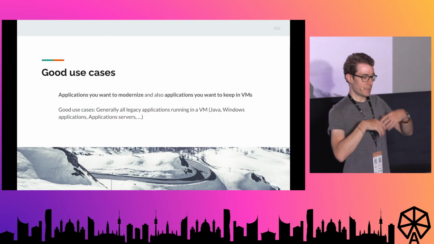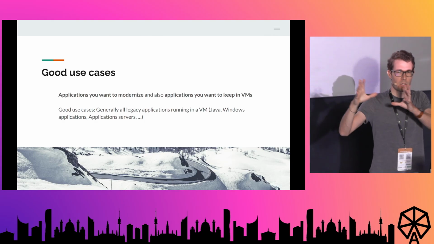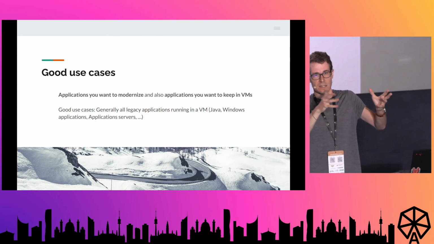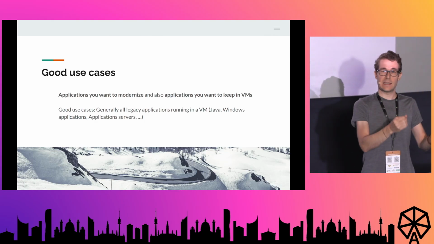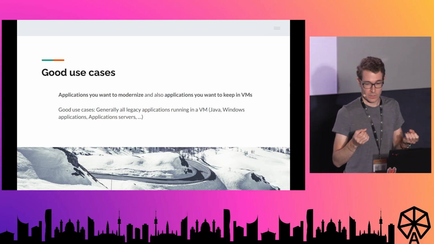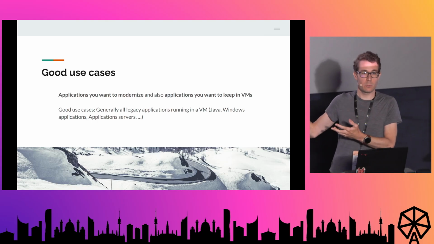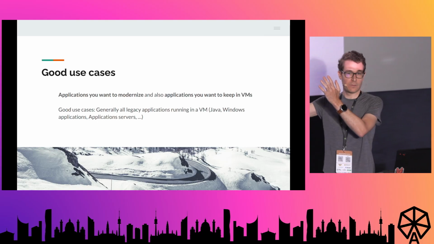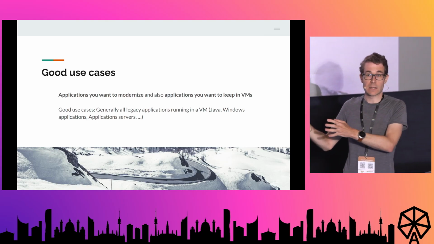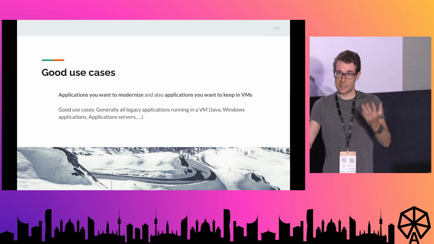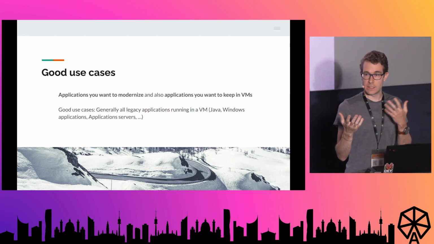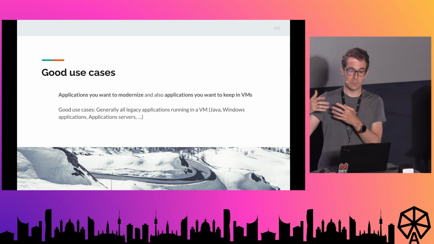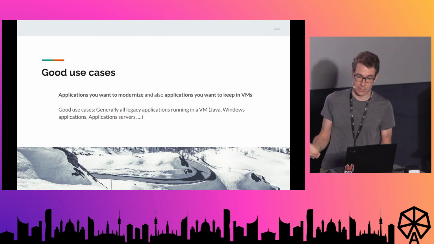So you have maybe an application that you want to modernize. Some part of it is already in Kubernetes, some is still in VMs, and you want to manage these VMs the same way you manage the pods. KubeVirt can be a great way to move these VMs into your Kubernetes cluster and manage them the same way using GitOps, all of these kinds of concepts. And this is really nice to help you modernize applications.